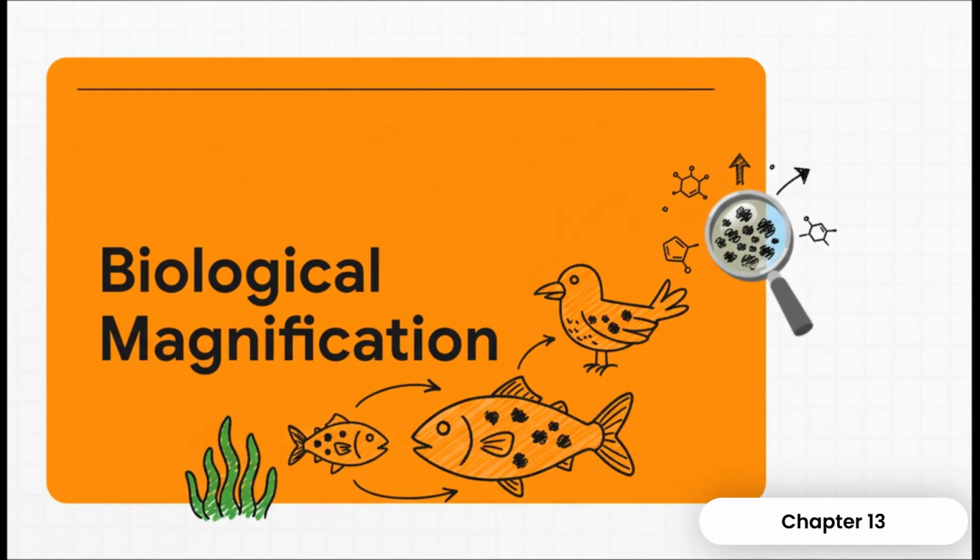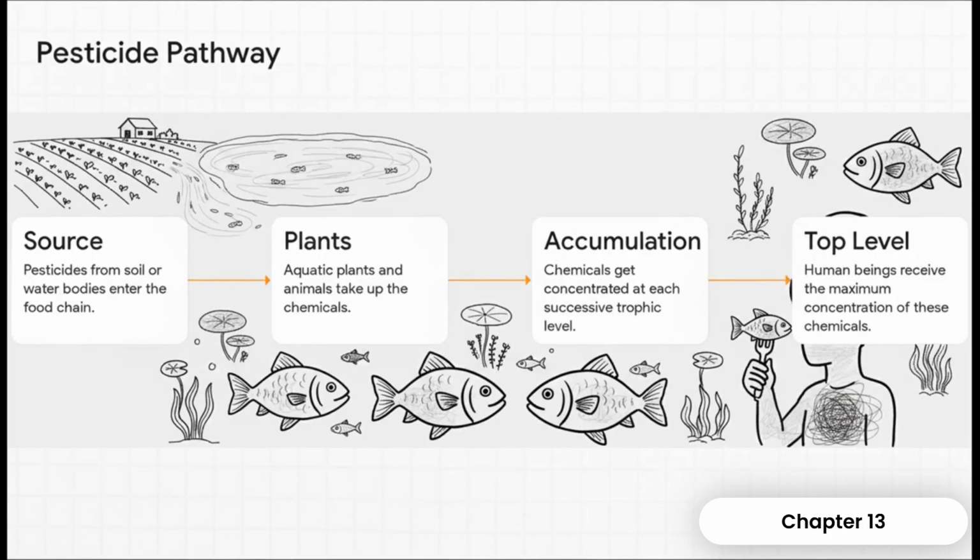This is where we get into something called biological magnification, and it's the total opposite of how energy works. Remember how energy goes down at each step? Well, certain chemicals that don't break down, they actually go up. They get more and more concentrated the higher up the food chain you go. So let's follow a pesticide to see how this works.